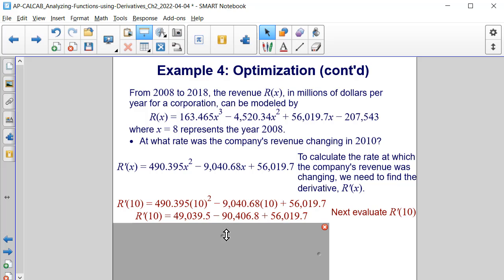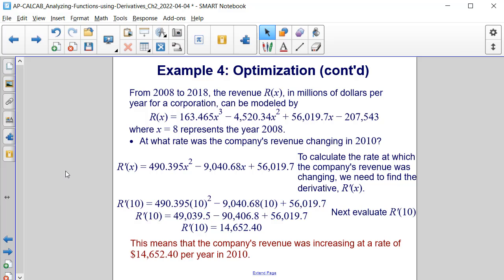And when we combine these terms together, we get a revenue of 14,652.40. And this means that the company's revenue was increasing at a rate of $14,652.40 per year in 2010.